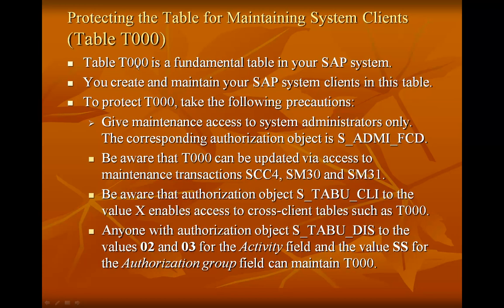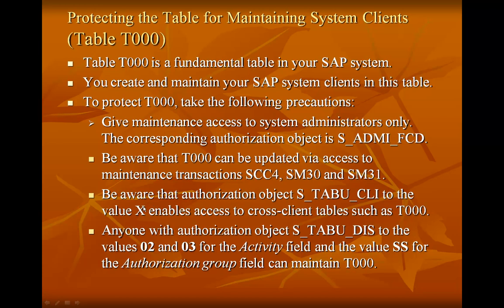But to maintain such tables, you also need access to s_tabu_cli. To maintain the cross-client tables, you need access to s_tabu_cli with the value X. It has one field: maintenance allowed or not allowed.